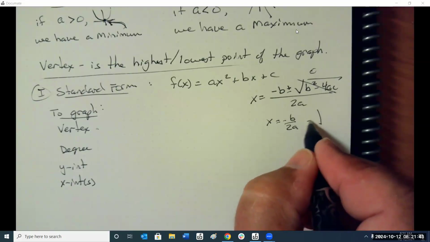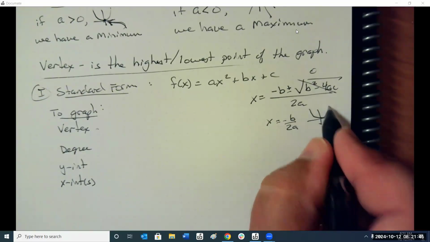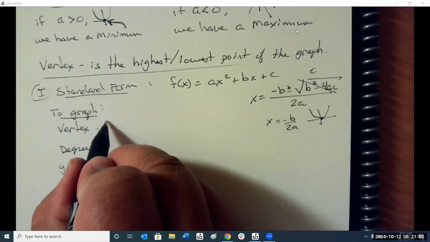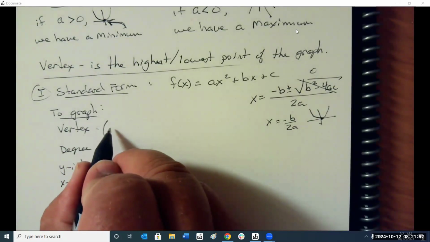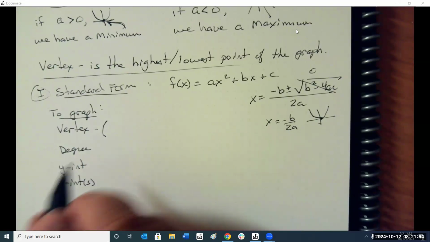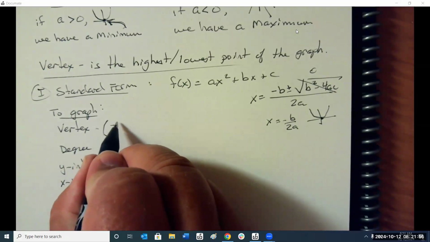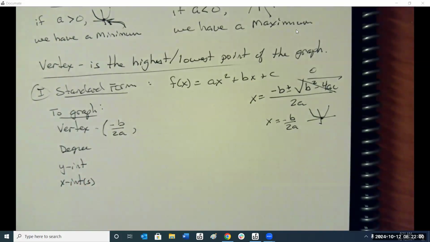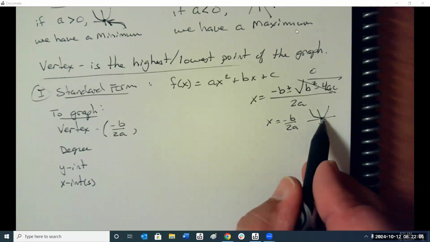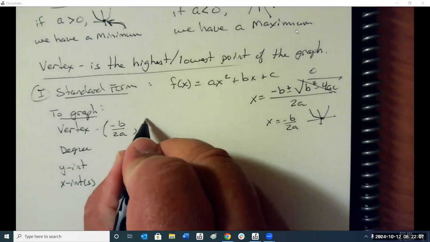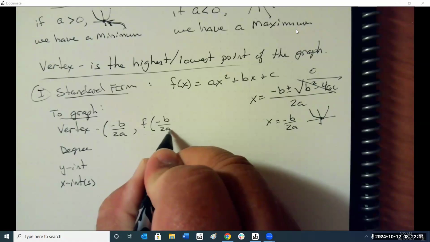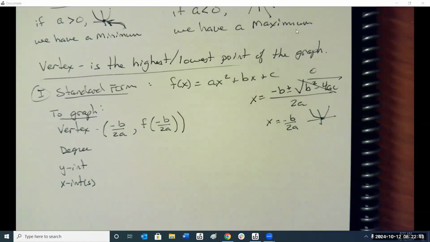And remember, our graph of the x squared function looks like this. So the vertex is a point. It needs an x and a y component. The x component is made up of negative b over 2a. That tells us the x value. Once we find the x value, plug that back into our function for the y value.